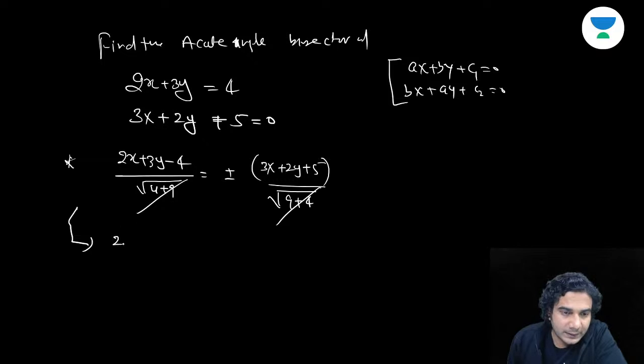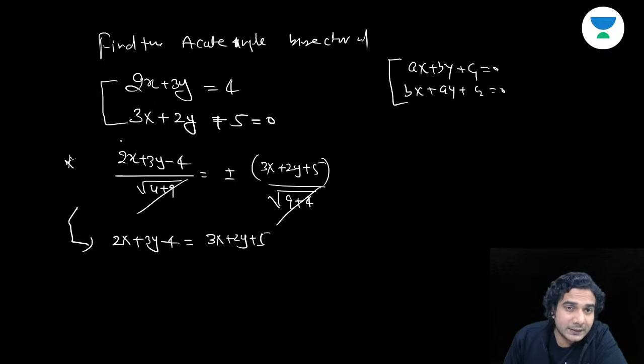So if we take the plus sign, it is going to be 2x plus 3y minus 4 is equal to 3x plus 2y plus 5, that is y is equal to x. So now you can see that in this case, the bisector should be of slope plus 1 or minus 1.